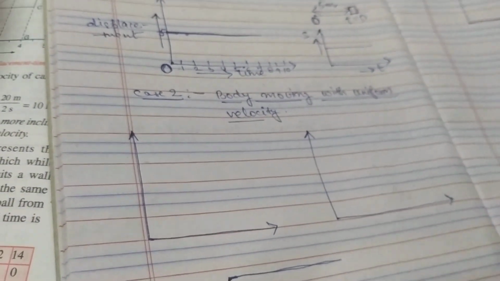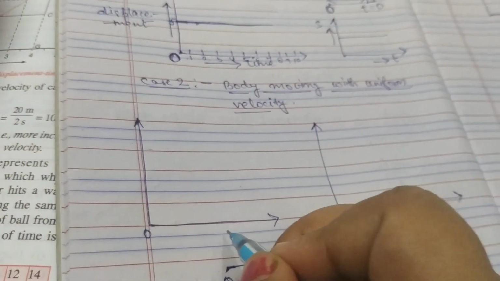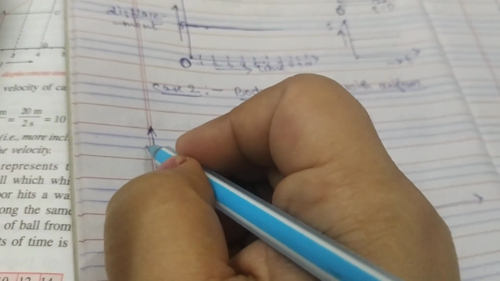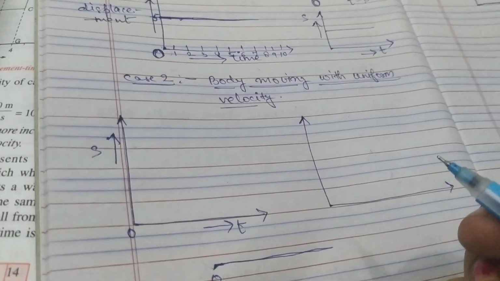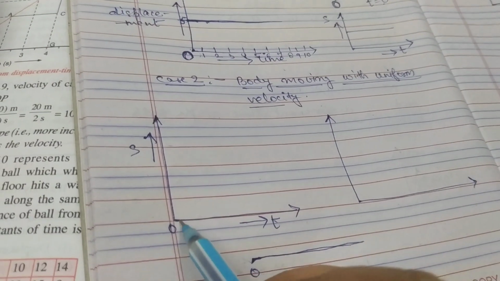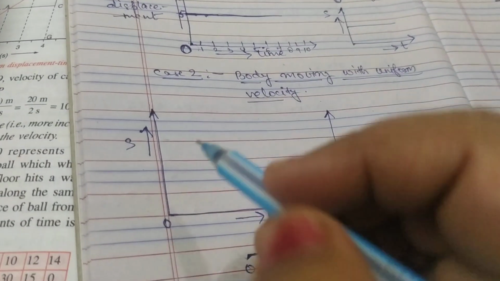Now displacement is increasing as the time is changing. This is the origin. This axis is showing me the time. This axis is showing me the displacement. And what is happening? As the time is increasing, displacement is increasing. How will I show it?